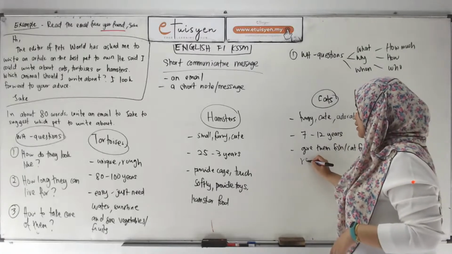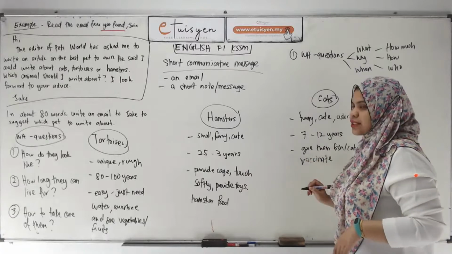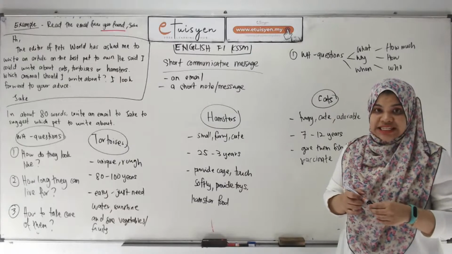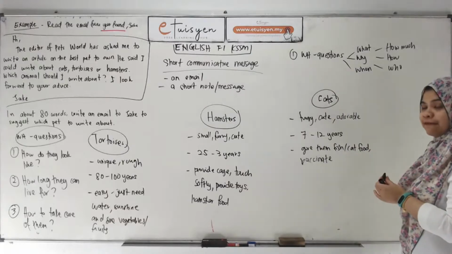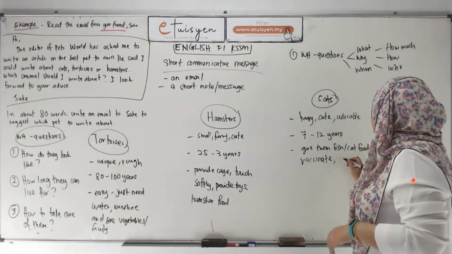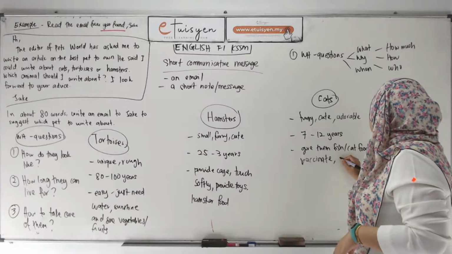You need to vaccinate them. If you don't vaccinate them, they might get worms. They might get diseases and die, and they can die faster. Okay, vaccinate them. What are the things you also need to do?